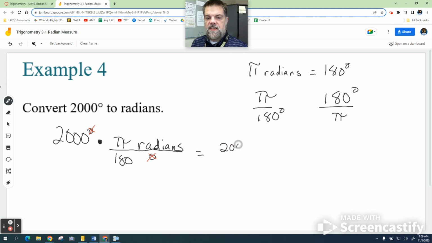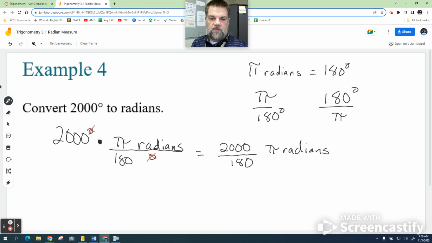So if I say 2,000 over 180 times pi radians, I just need to reduce that fraction. Well, I know that 20 goes into both of those.